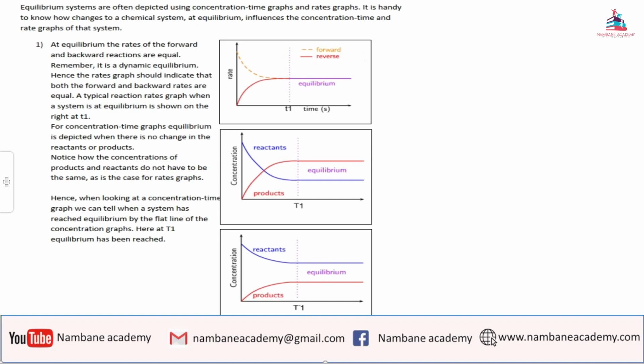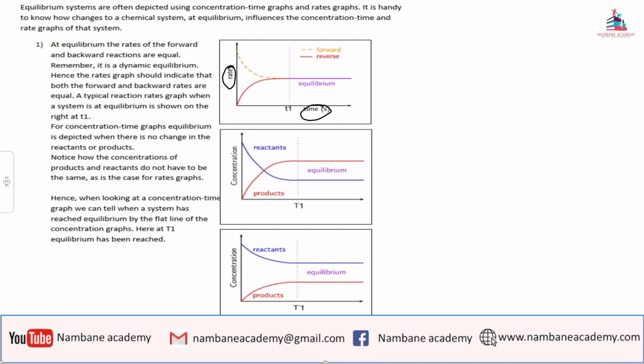Graphs are a serious challenge in chemistry, from physical and chemical properties to these ones of chemical equilibrium. But for one to understand these ones, the easier way of doing it is by applying the collision theory, number one, when the graph is for rate of reaction or rate versus time.